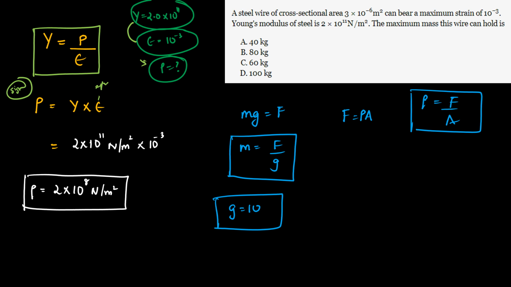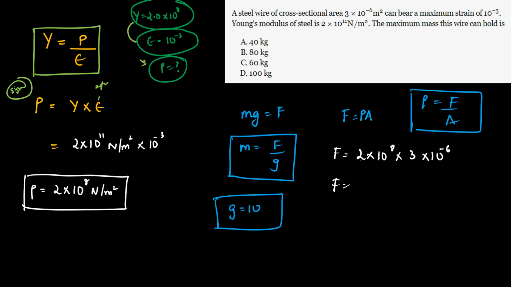From here, I can find out the value of F. That value of F I have to plug in over here. So what is the value of F? It is 2 multiplied by 10 raised to the power of positive 8 multiplied by 3 multiplied by 10 raised to the power of negative 6. The cross sectional area of the steel wire is given over here, right?